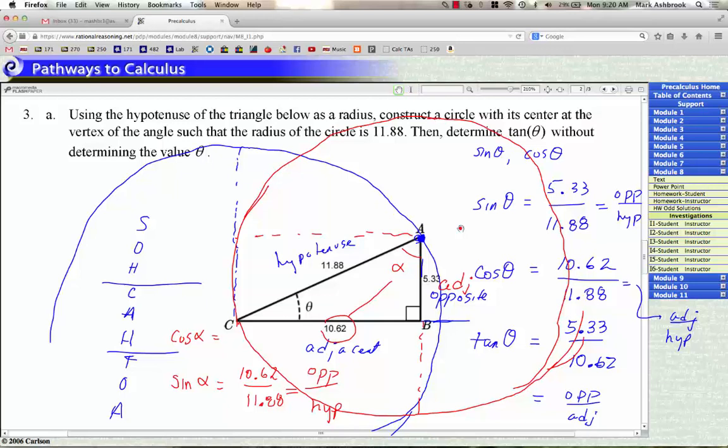So it still works, but now when you look at alpha, the opposite side is now, instead of being 5.33, opposite of alpha across the triangle is the 10.62. And then the adjacent side to alpha, next to alpha, that's the 5.33. So cosine of alpha would be 5.33 over 11.88.